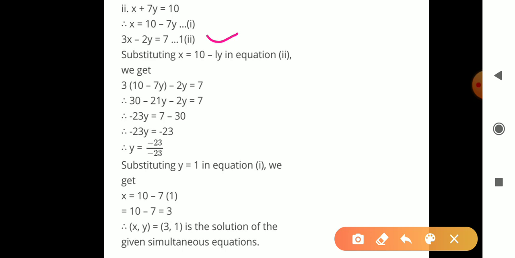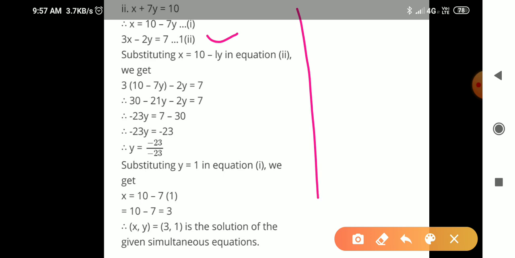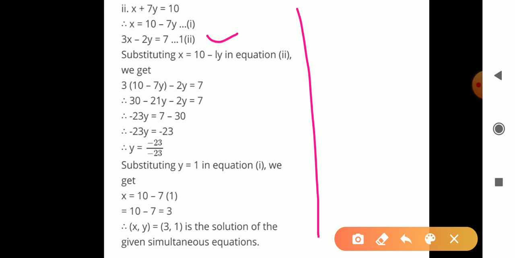Now there is an alternative method for solving such simultaneous equations. So here we can write a formula for any variable, like in the first equation, x plus 7y equal to 10. So we can convert this equation to get the value of any one variable, that is the value of x.